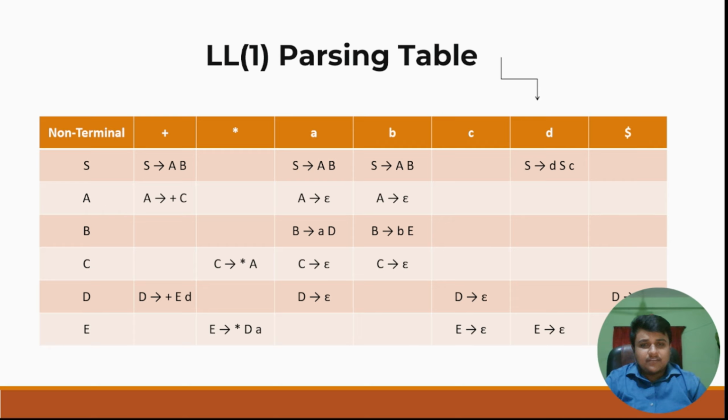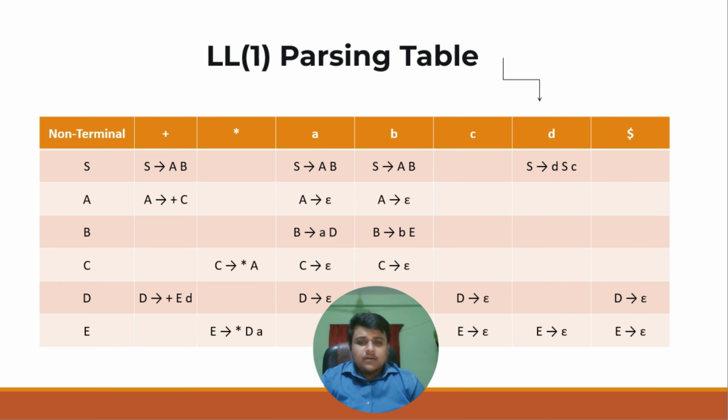Next, fill entries for D. D derives plus ED. Place D derives plus ED in column plus. D derives epsilon. Follow of D is $ sign, a, C. So place D derives epsilon in columns $ sign, a, and C. Finally, we fill entries for E. E derives star DA.